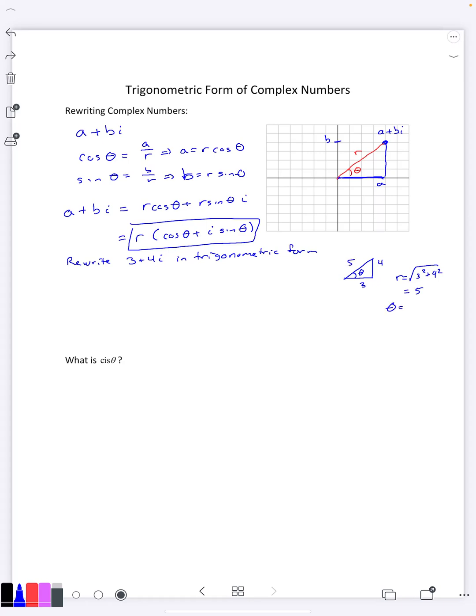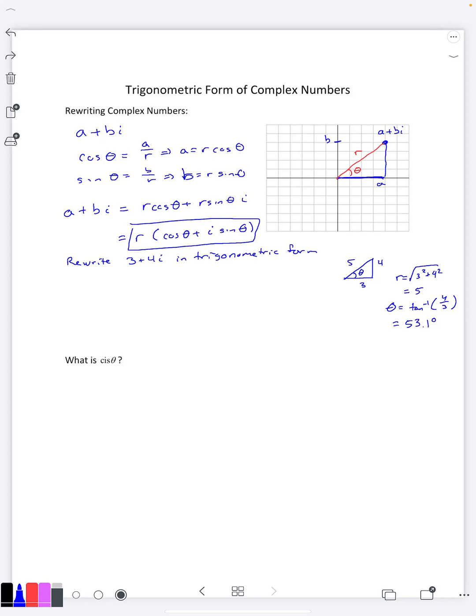What is my theta going to be? That's going to be tangent inverse of y over x, so 4 over 3. We go ahead and put this in our calculator, and we get tangent inverse, and we're going to get 53.1 degrees.